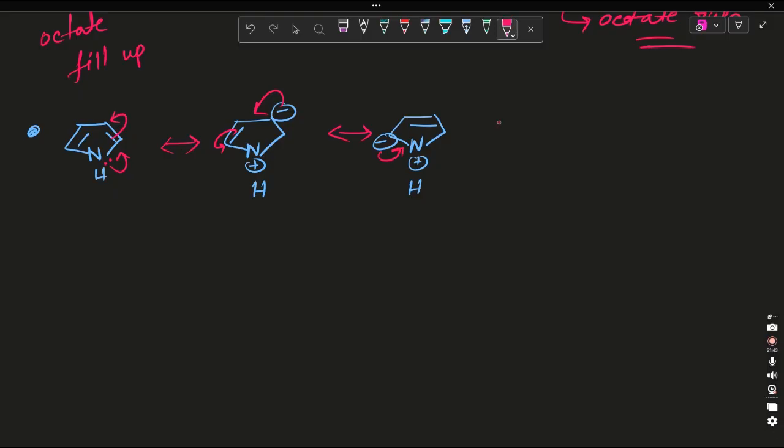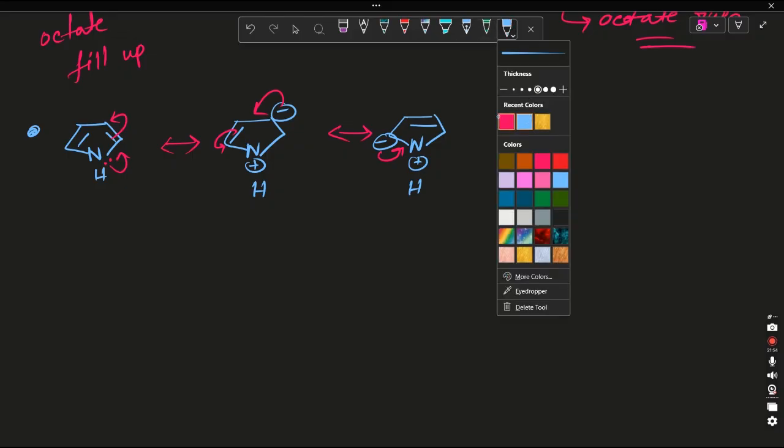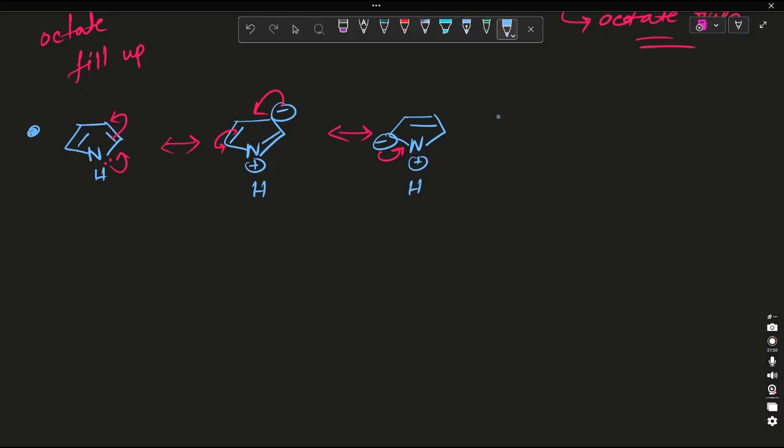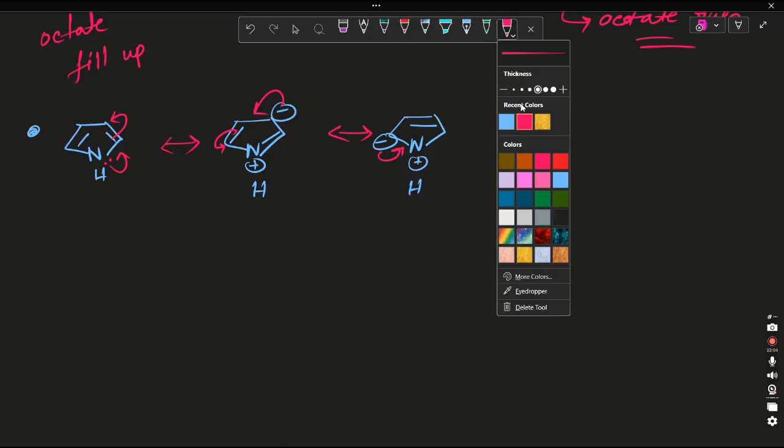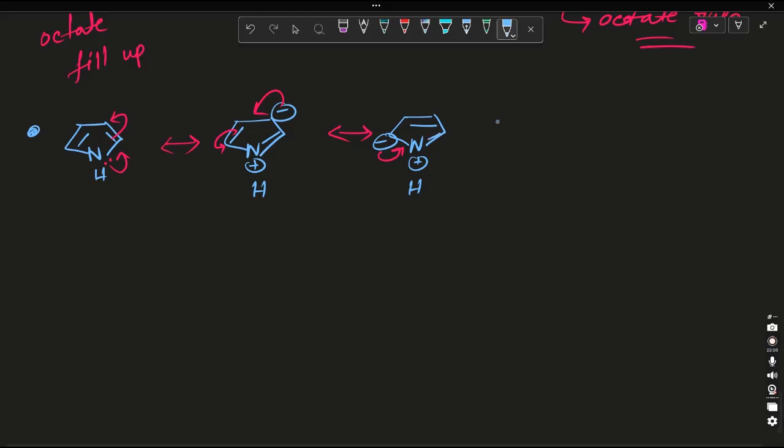Actually, I missed one double bond. One double bond is here and another is here. Okay, I'm sorry. So now the further conjugation is like this.